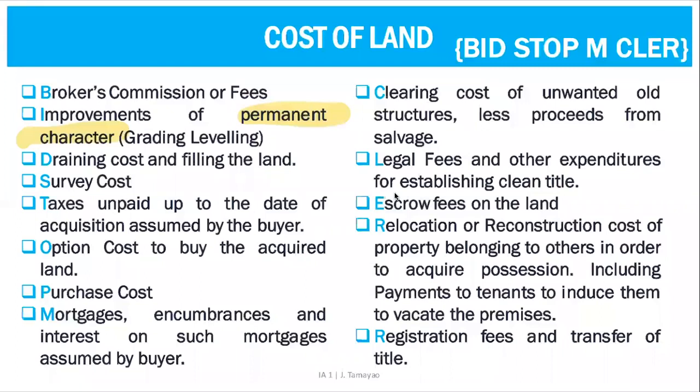We place it on the land, but if ever we use it purely for the land, we use the word leveling. For leveling, ipapatag natin yung lupa. So, ganun yung leveling. Patag natin yung lupa. Of course, you cannot make use of the land, especially if you want to build on that land, without leveling it. Kasi kung bulubundukin yan, baka mahirapan kang mag-build. So, you can level it.